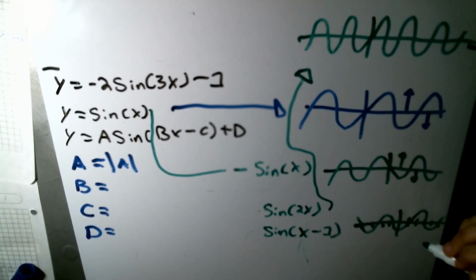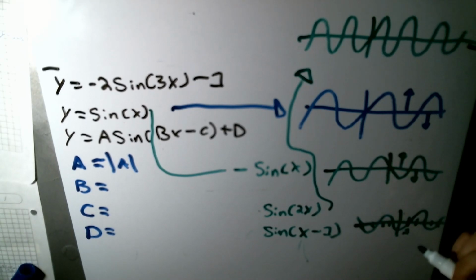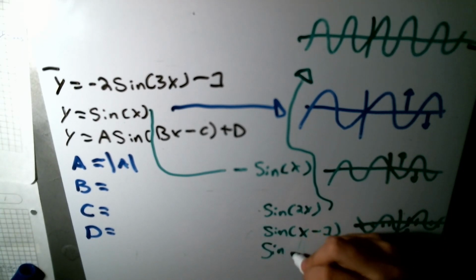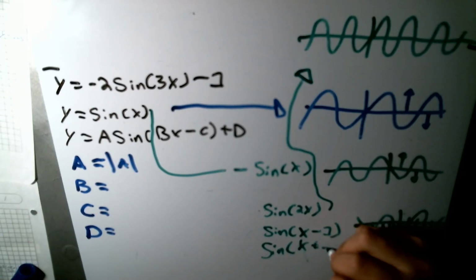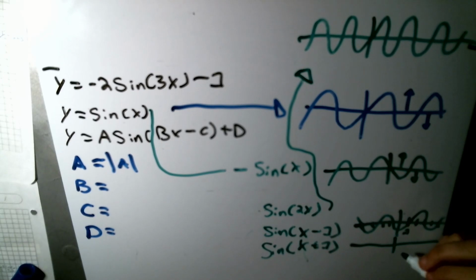The graph moves to the right because of this. And if it were x plus 1, it would move to the left, to the other side. And now d, I'm going to write it down because I'm already writing down everything. So x plus 1, and instead of starting here, it starts here.